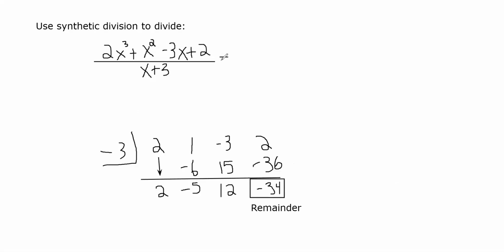And so all told, what you're going to be left with, we have coefficients down here. We started with a third degree polynomial. We divided out this, so we're going to be left with a second degree polynomial. It's going to look like this: 2x squared minus 5x plus 12.